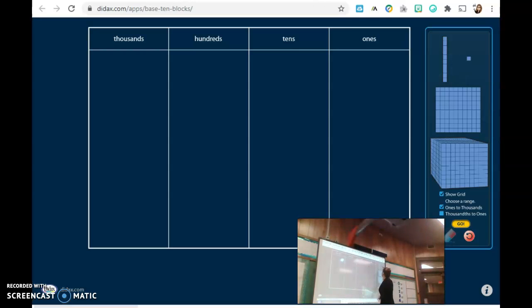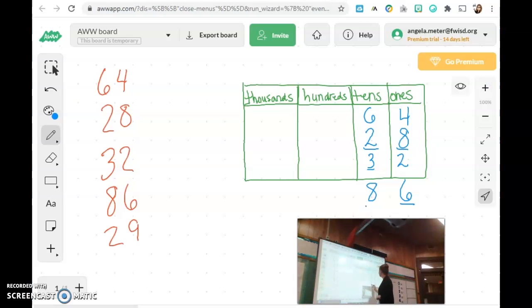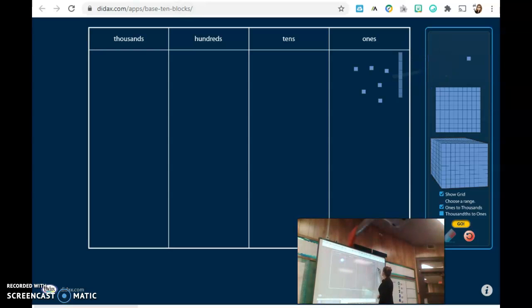So I'm going to do 6, 1, 2, 3, 4, 5, 6. And then we had 8 tens. So my rods, there's going to be 8.